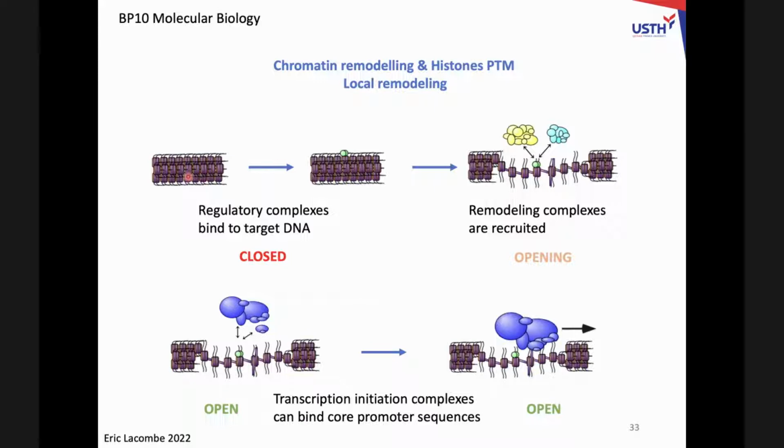And then when a specific transcription factor recognizes a DNA sequence, it opens the chromatin from heterochromatin to euchromatin. Exactly, this is this step. Okay, then it's open.